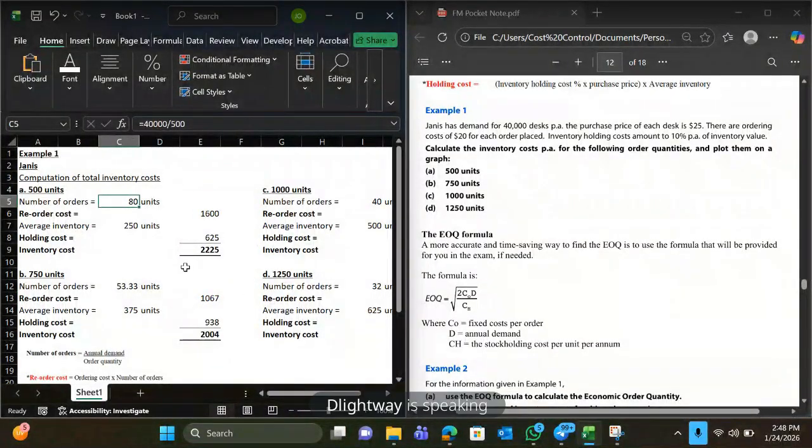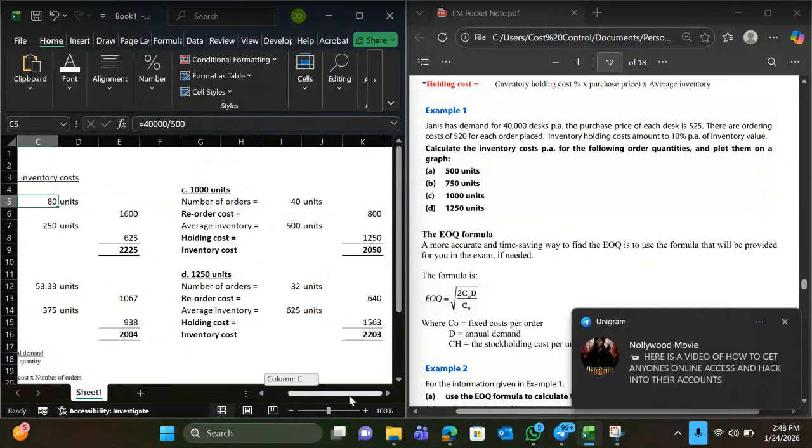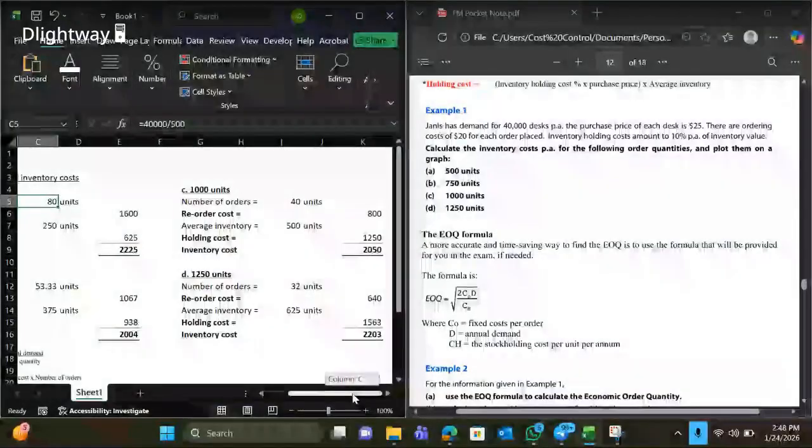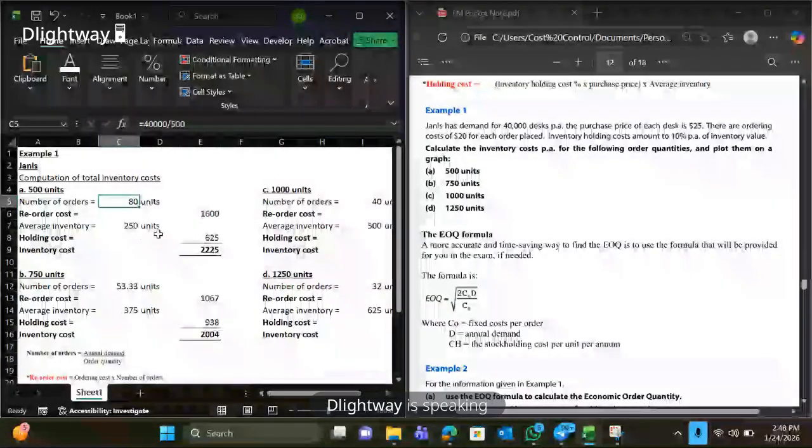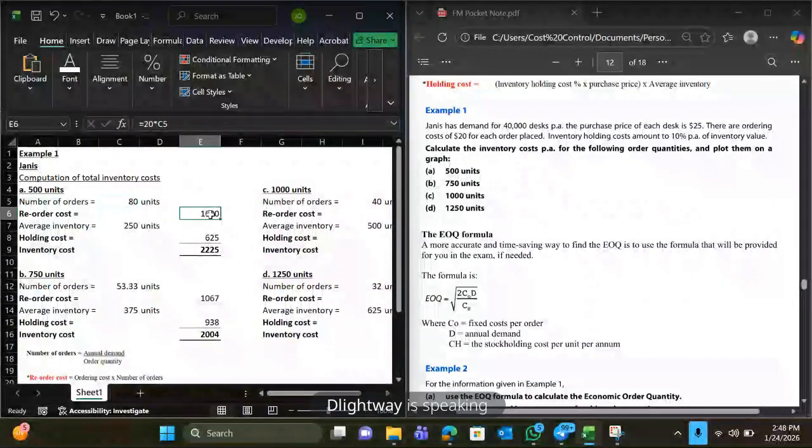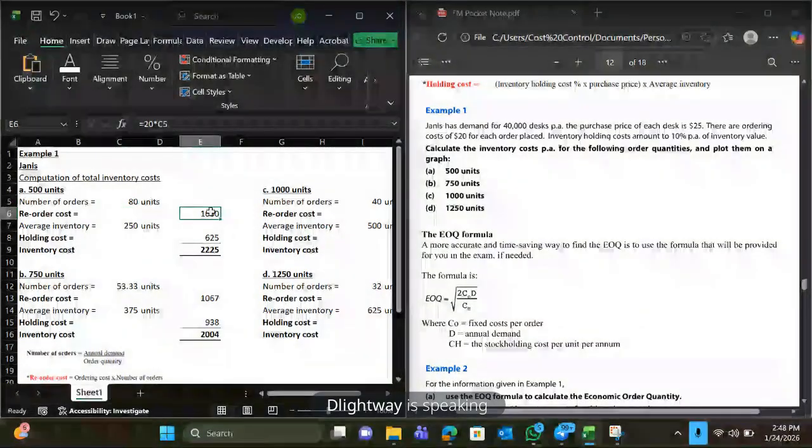Sorry, I meant to say the more you order, the lower the inventory cost. Please, do you understand what I explained about this? When the number of orders is high, the reorder cost becomes high.